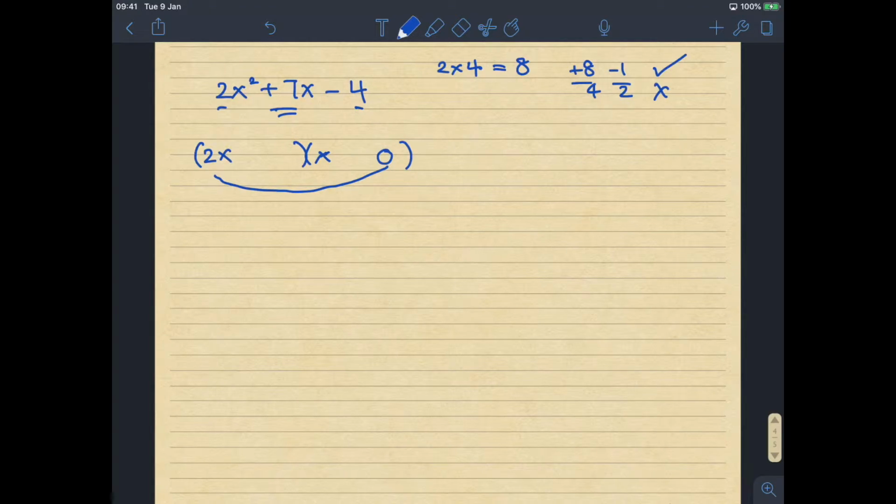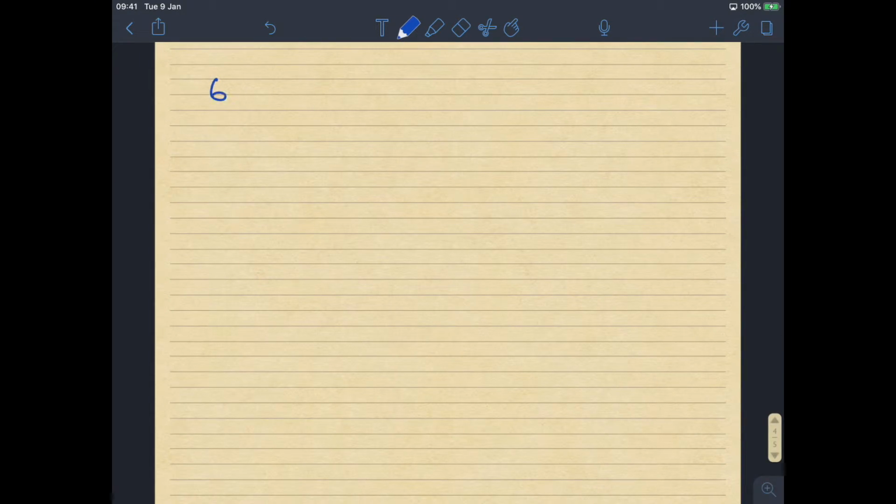And we know that we can't get minus 1, so it must be plus 8. And 2 times what is plus 8 is plus 4. And in the other bracket, we must have minus 1. So that's our answer.